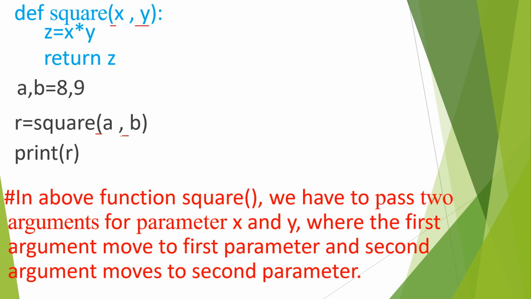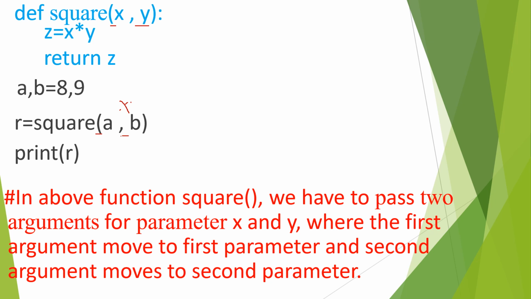But suppose we are not passing the second argument at the time of call. In that case the code would raise an error, that is the TypeError, indicating a message that the positional argument for y is missing. Why?